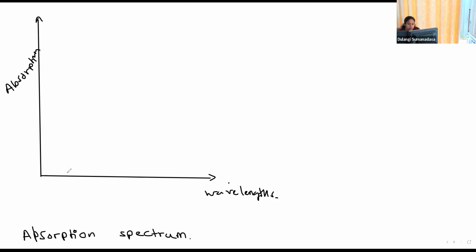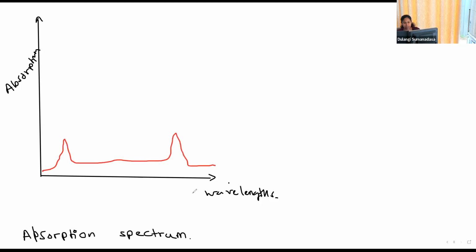So it's going to produce two peaks, one for each color. The only thing you have to remember is that there are going to be two peaks, because there are higher absorptions at two wavelengths.